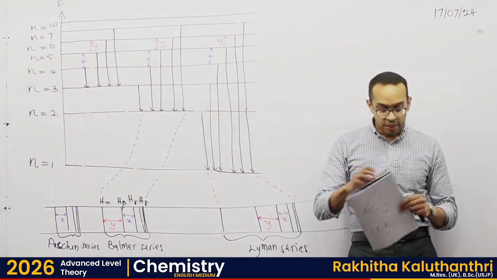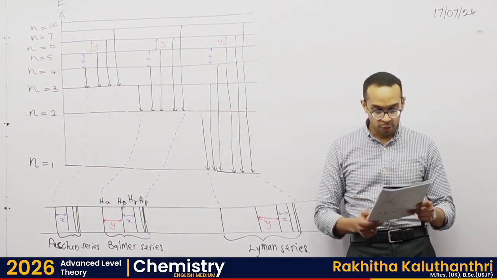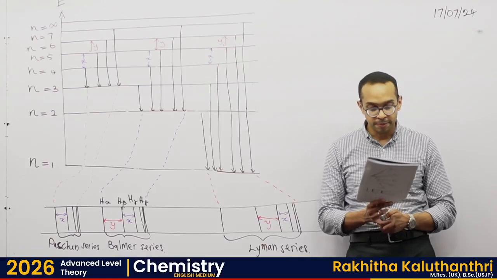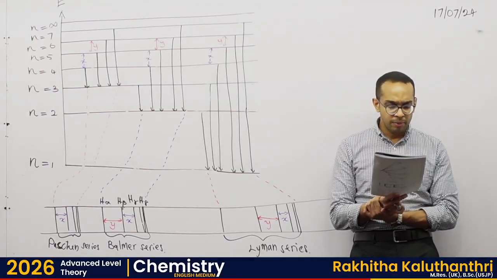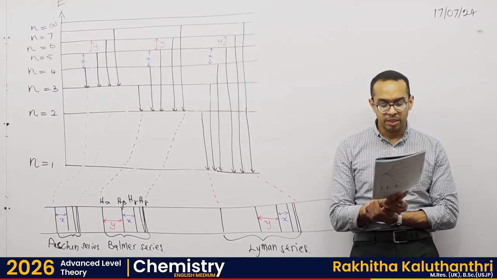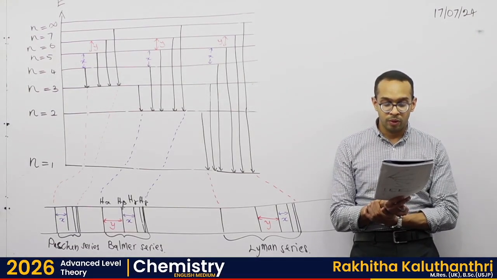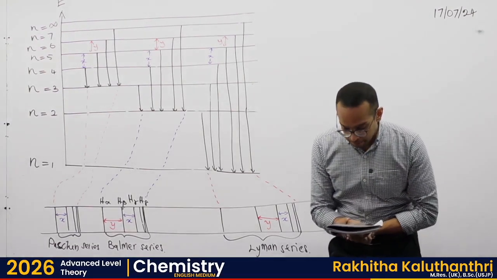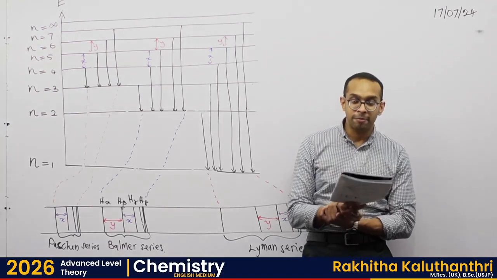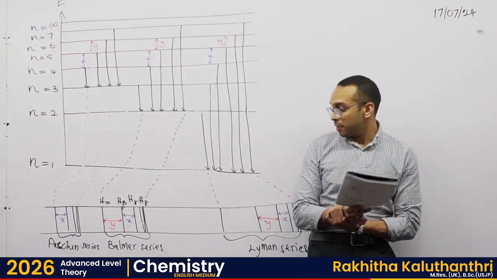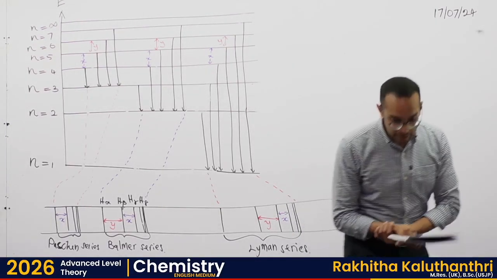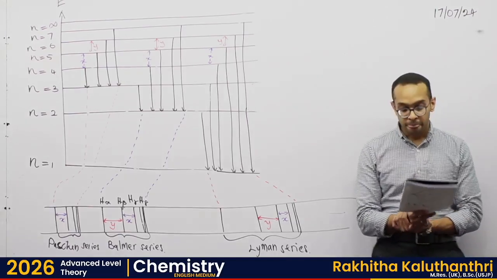And once you are done drawing, you can even take a look at the 4th page, where there's a table. Lyman, Balmer, Paschen, Brackett series, you can see based on the electron transitions, they have different series within this particular hydrogen emission spectrum.